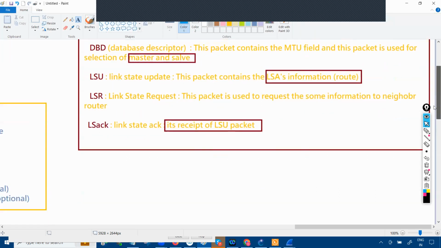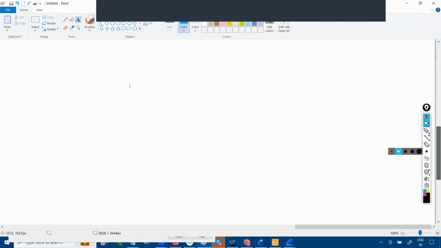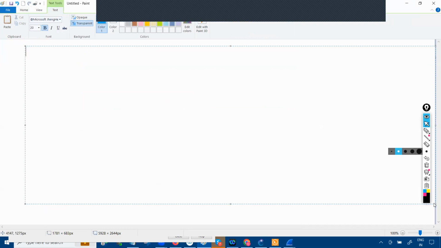Right? So apart from this, the most important concept that comes in the picture in OSPF is called LSA. LSA stands for Link State Advertisement. In simple language, sharing the link information is known as an LSA.